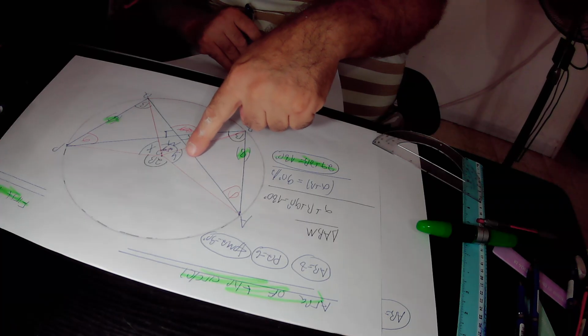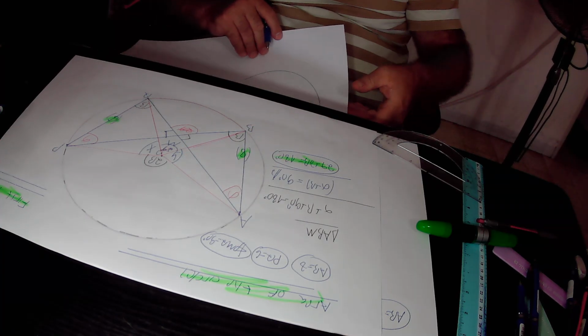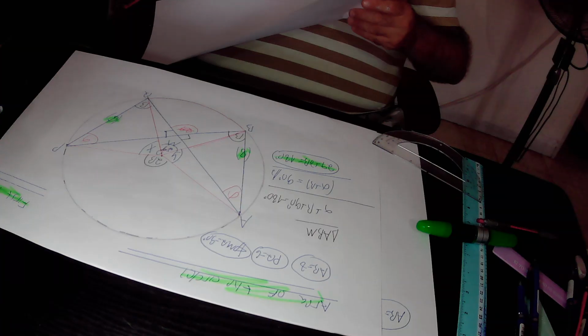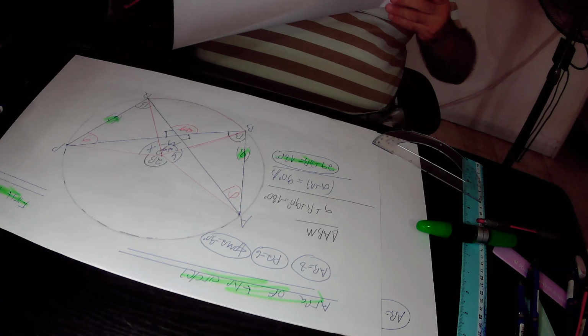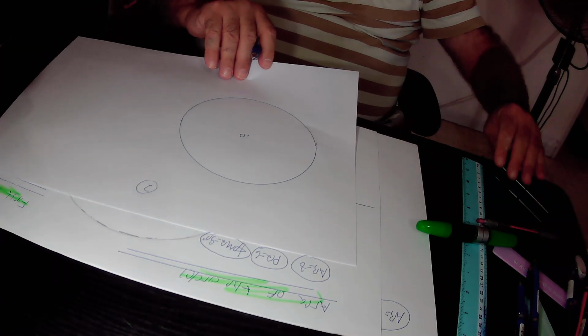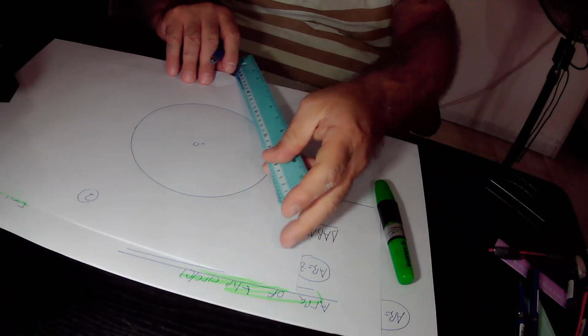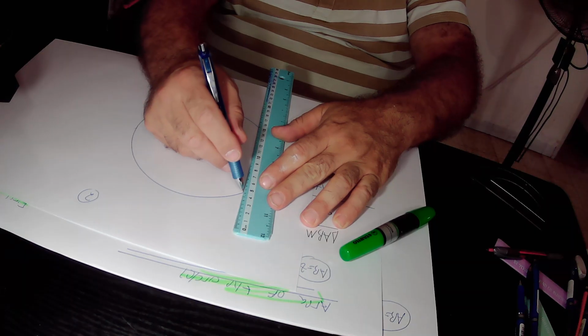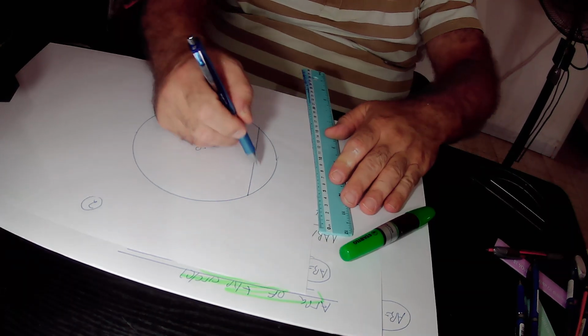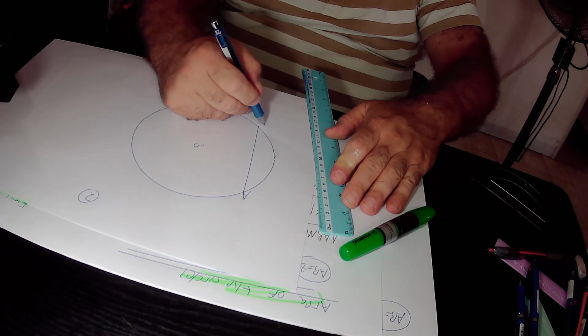This is equal to y degrees in its size. This is chord AB from the original drawing.